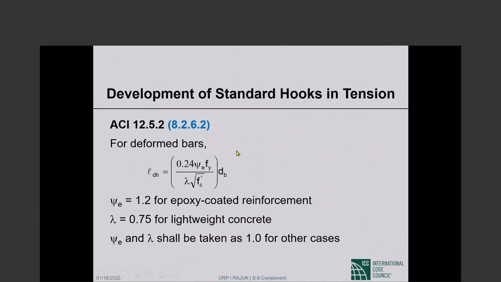F sub y, F sub c prime, and d sub b are the parameters. In addition, there is an epoxy coating factor, 1.2 for epoxy coated reinforcement. We don't increase it to 1.5 here for closely spaced bars and thin cover. Gamma is 0.75 for lightweight concrete. So those are the only two factors, psi sub e and gamma.